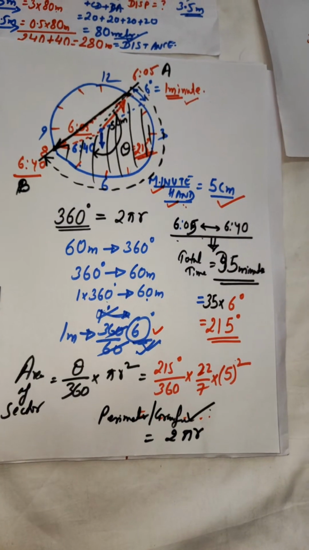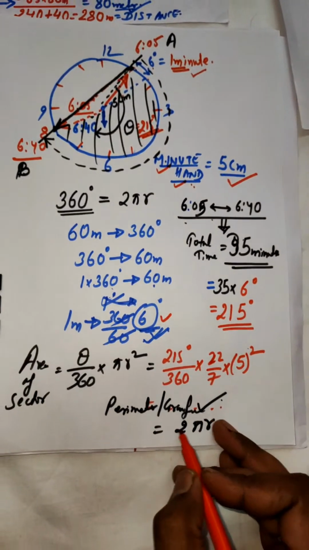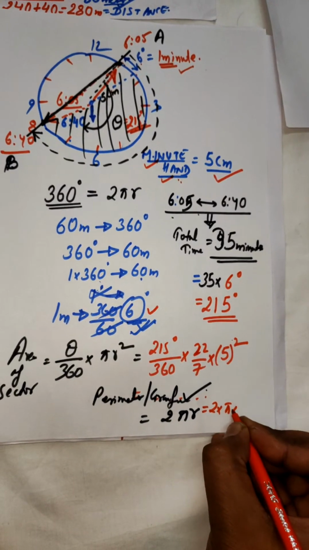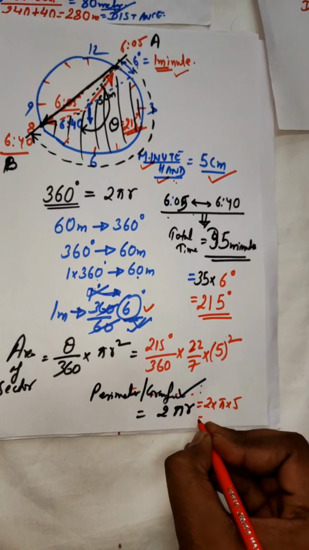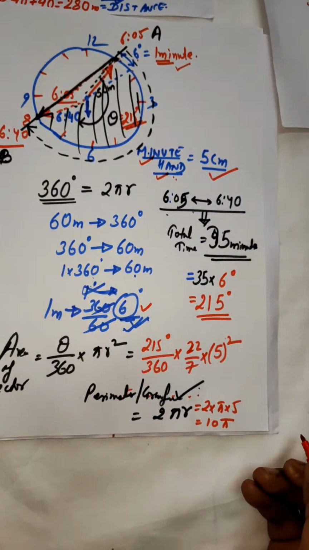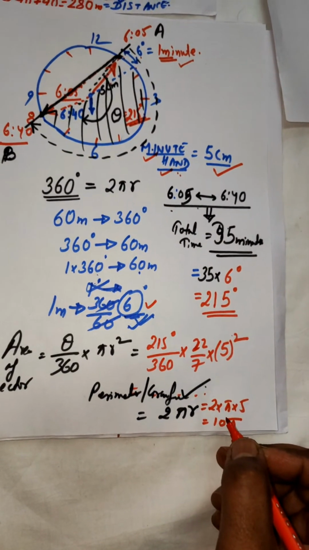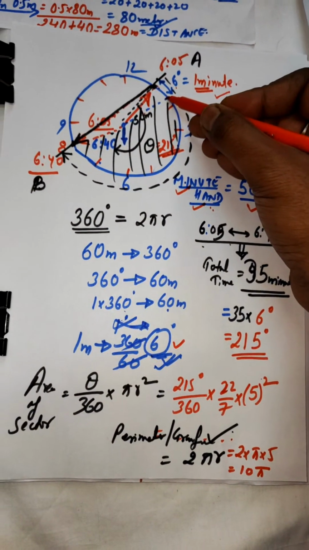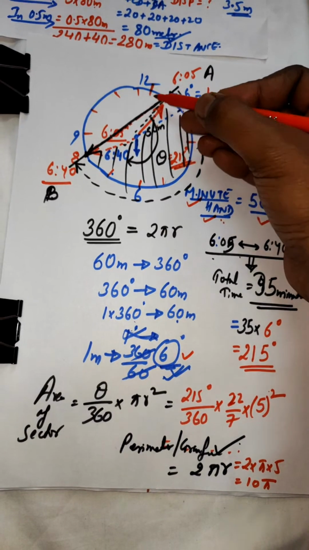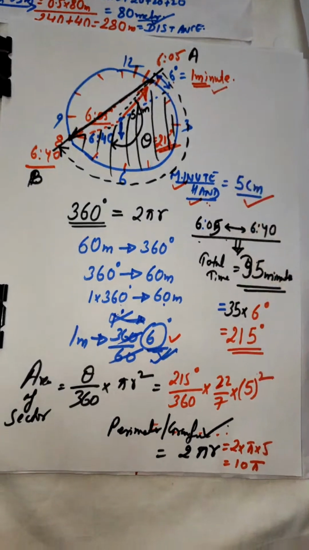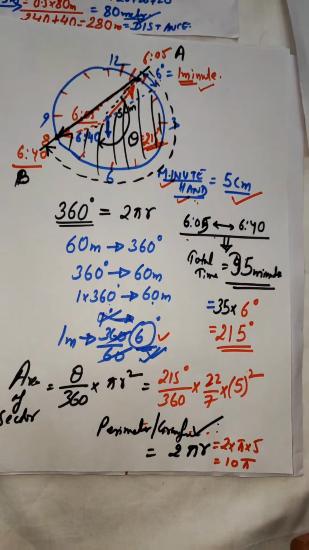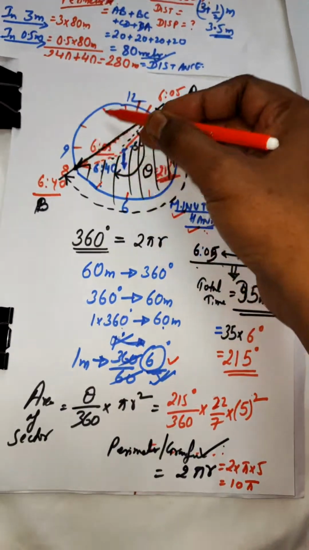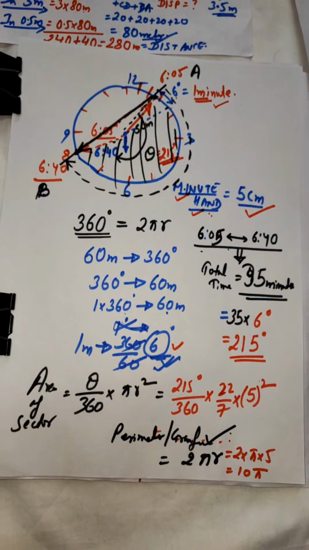We know that if the perimeter is 2 pi r, that is 2 into pi into 5, let's say 10 pi. 10 pi is the perimeter. This will be divided into 60 equal installments, because there are 60 minutes when the minute hand covers one round.